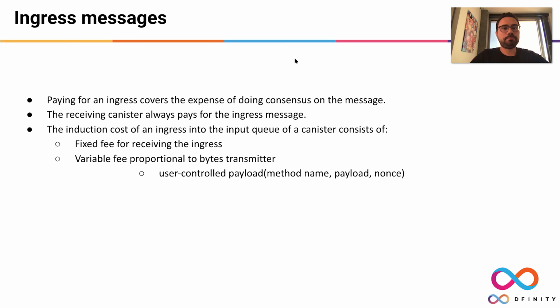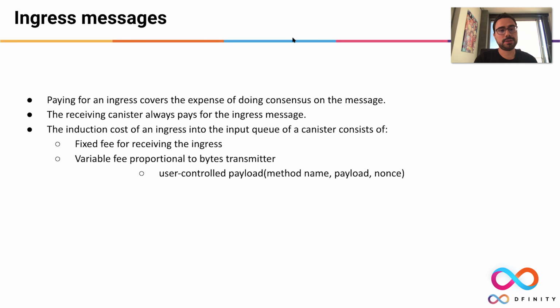All right, so the first use case that we'll go through is what happens with ingress messages that your canister might receive. As we said, based on the reverse gas model, the canister that receives the ingress message is responsible for paying for it. The reason to pay for receiving ingress messages is to cover the cost of doing consensus on the message, which is a heavy operation on a subnet.